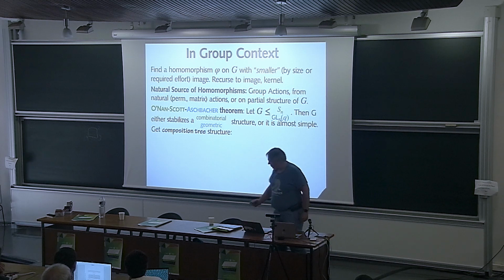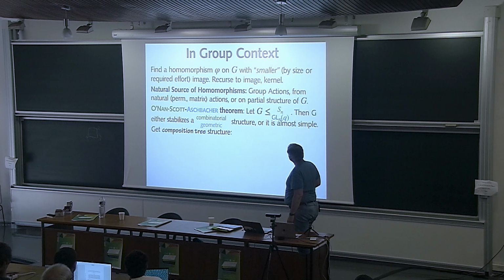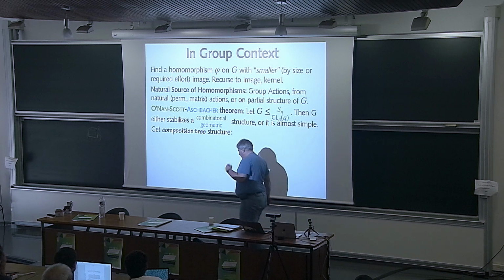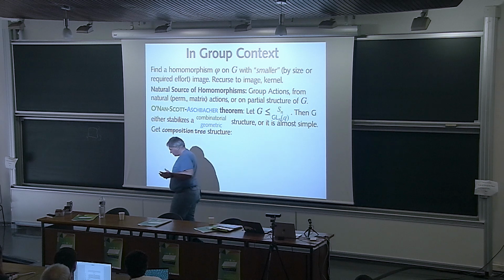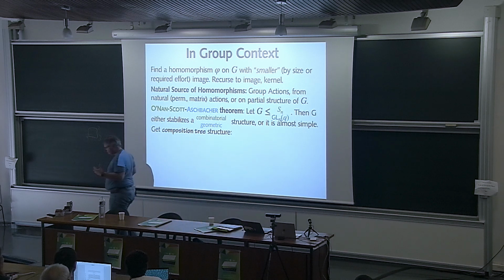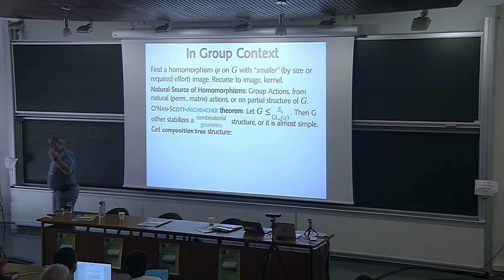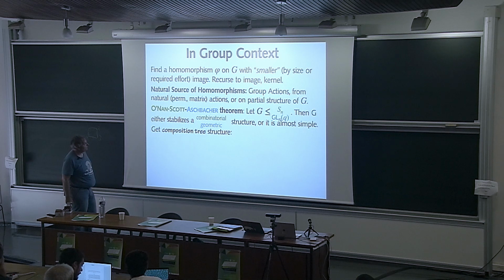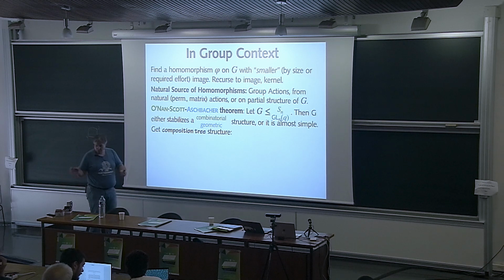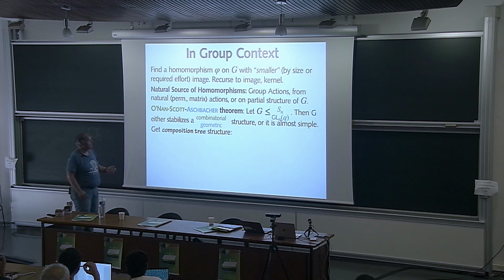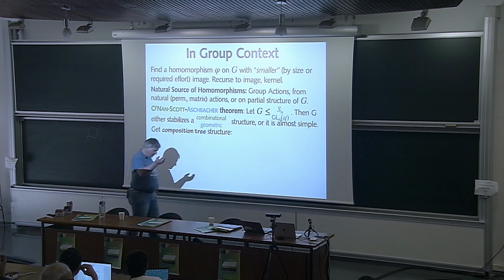Because in practice it turns out to be useful also to have the case that the kernel is trivial, but the image is smaller in processing costs. That are stages you don't have in chemistry. Basically, you might in between want to go to isomorphic structures if it turns out that they are easier to work with. Yeah, and then we recurse to image and kernel. That's going to the two breadcrumbs we got from breaking the bread initially apart. Yeah, and so that's how we proceed.